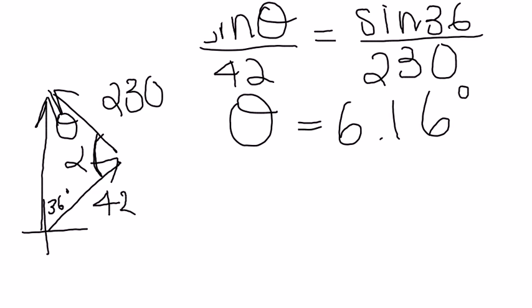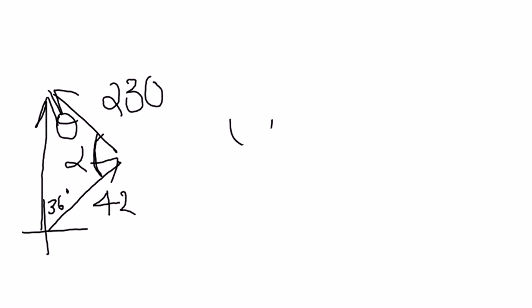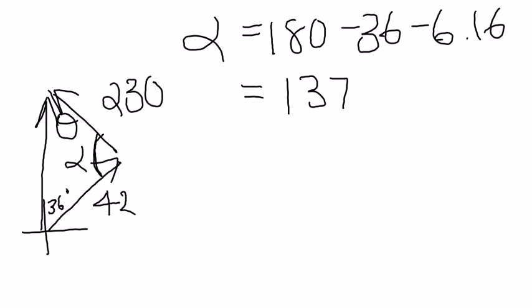Okay, and then using the interior angles of the triangle theorem, you can solve for alpha. So alpha equals 180 minus 36 minus 6.16 degrees, and you get 137.83 degrees.